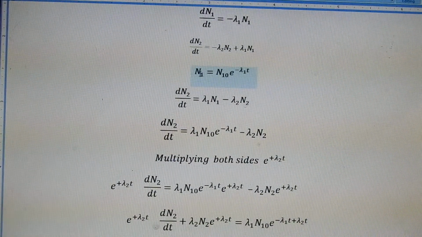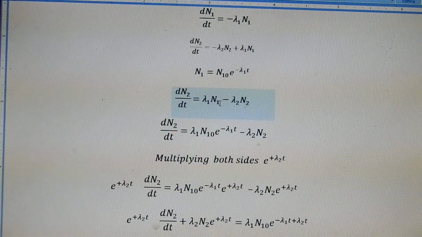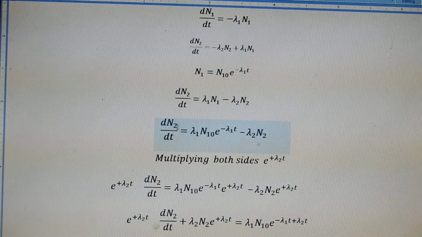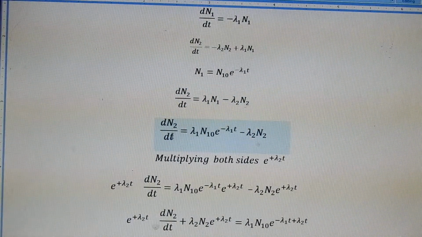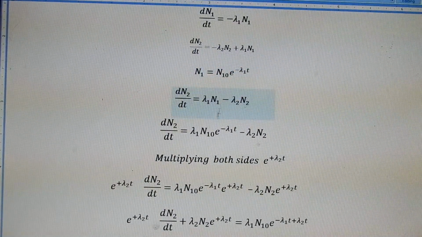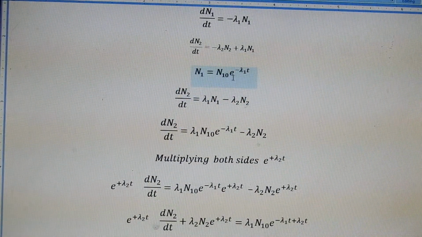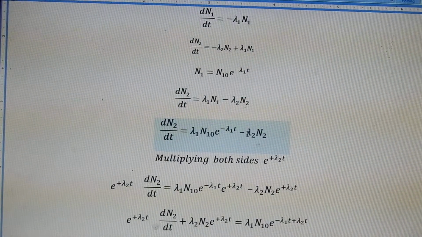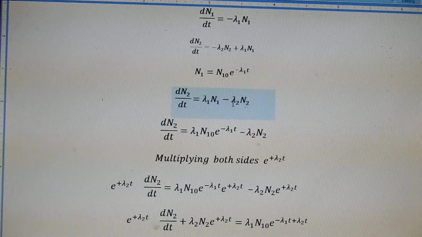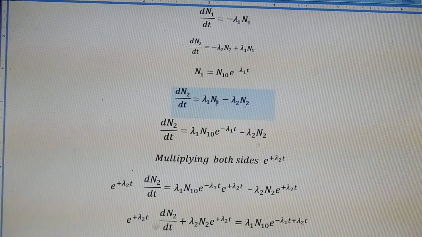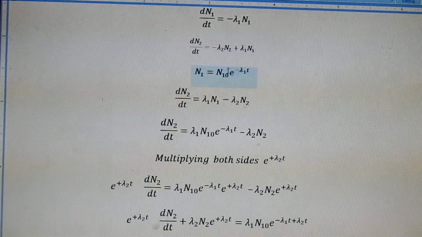In the place of N1 I am substituting this value. So dN2/dt, λ1 as it is, but in place of N1 we have N10 e^(−λ1 t), minus λ2 N2 as it is. Only in the place of N1 have we substituted this value.